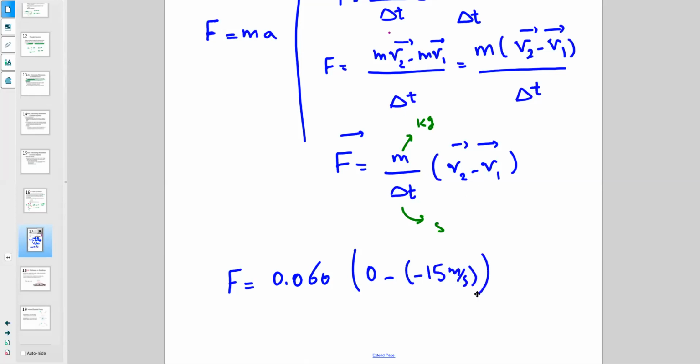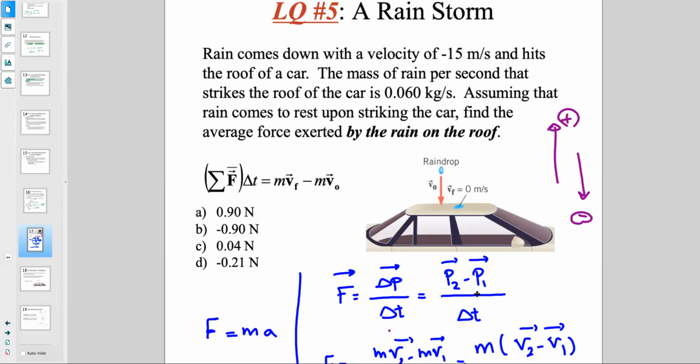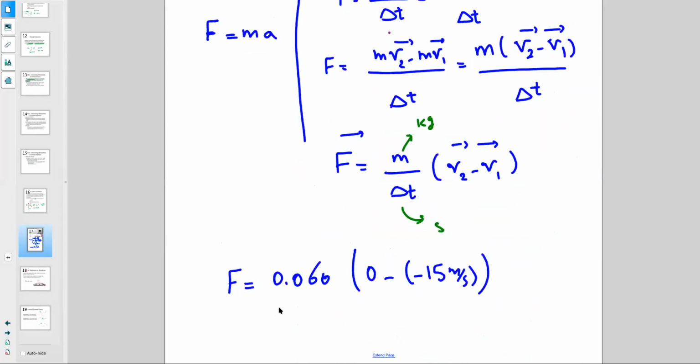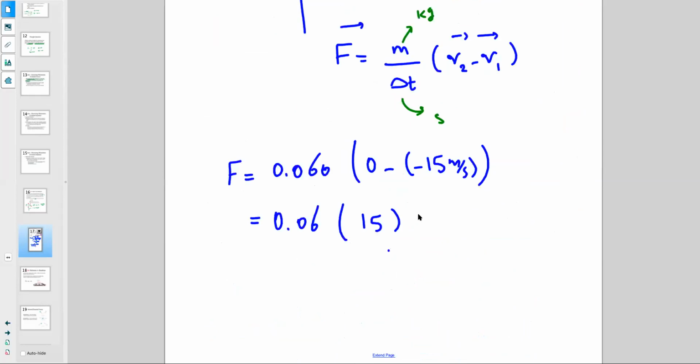Negative 15 meters per second, so negative 15 becomes positive 15. So I have 0.06 times 15, which is 6 over 100 times 15. This will give us 90 over 100, or 0.9 newton.